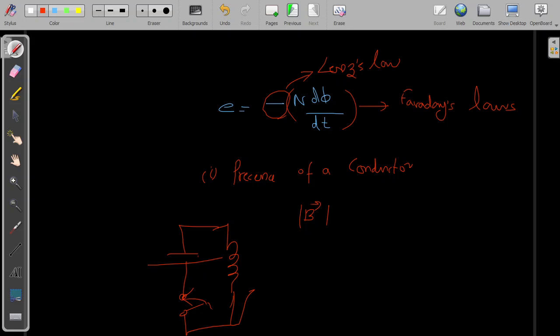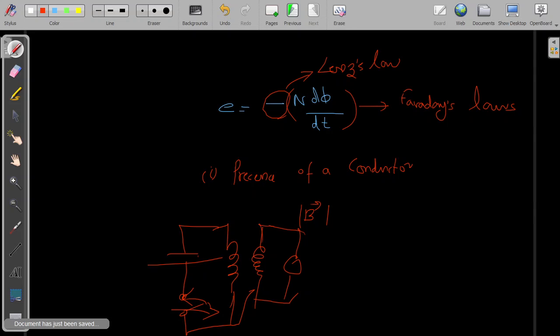By closing and opening this switch, that is by operating this switch, we have current induced in the nearby coil.